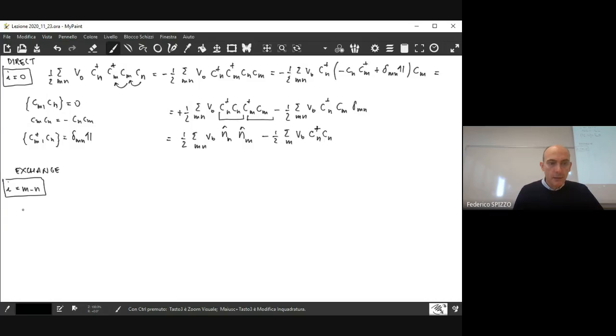So in this case, we have 1/2, the summation over i disappears, so we have just m and n. Then we have v of m minus n. Then what we have here is c cross m, c cross n, and then we have cm, cn.